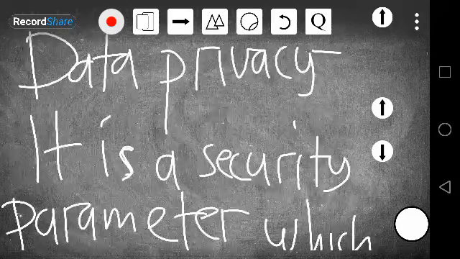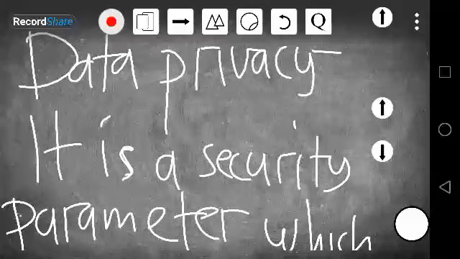Let me give you a very good example. Let's say you've put a password as an administrator, maybe on your private documents in your machine. Then your younger brother comes and changes the password on your documents.